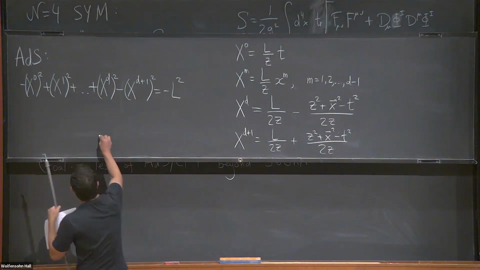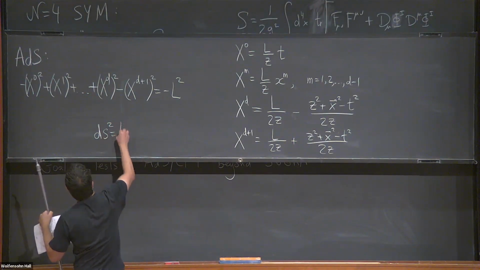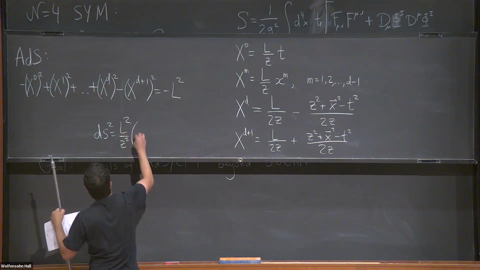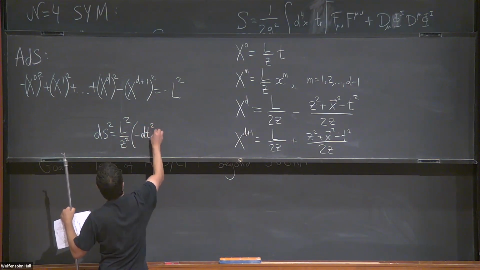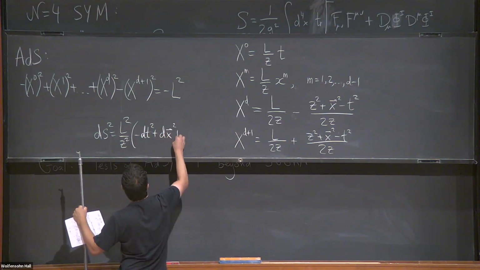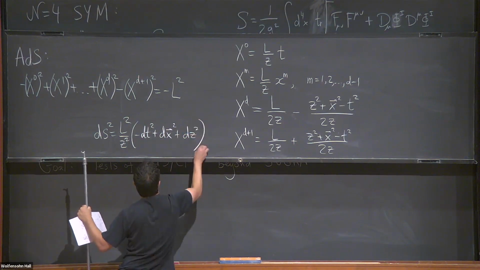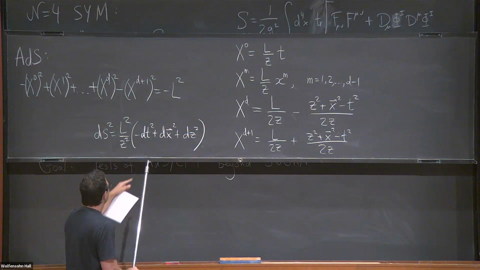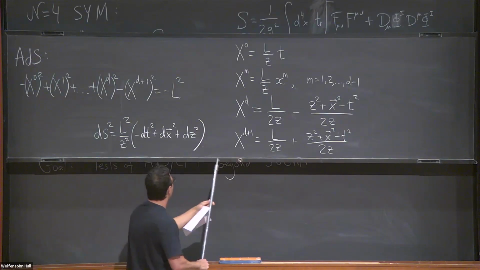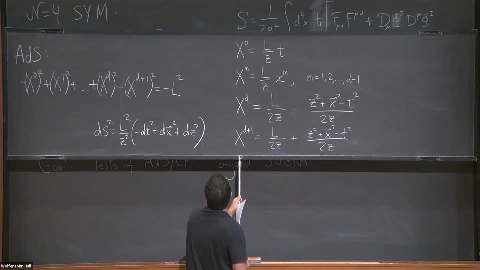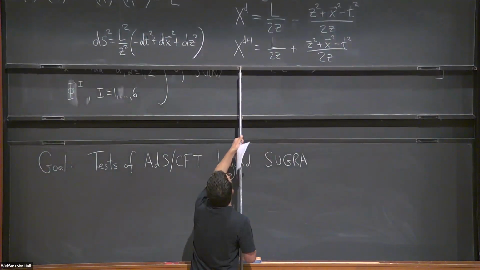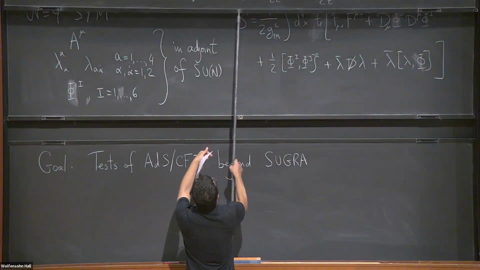The metric is L squared over z squared times minus dt squared plus dx squared plus dz squared. Here x runs over the spatial coordinates, t is time, and z is an extra coordinate.